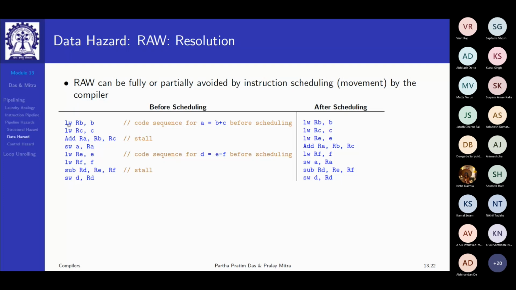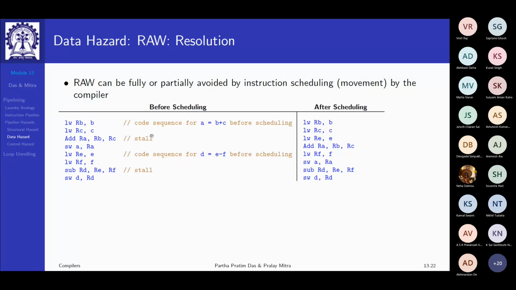But in the fourth cycle, the load is in the mem cycle; it has just read the value from memory but has not written it to RB. So you cannot get that, and it has to stall. Even in the fifth cycle, it cannot proceed because loading of C into RC is still in the fourth stage, so it has not written back. It has to stall again. So you have to compute the number of stalls. Here you need two stalls.